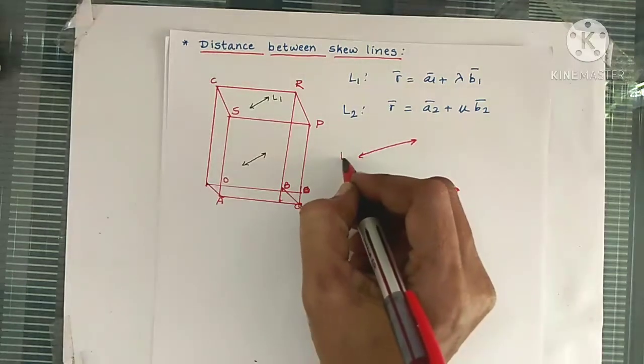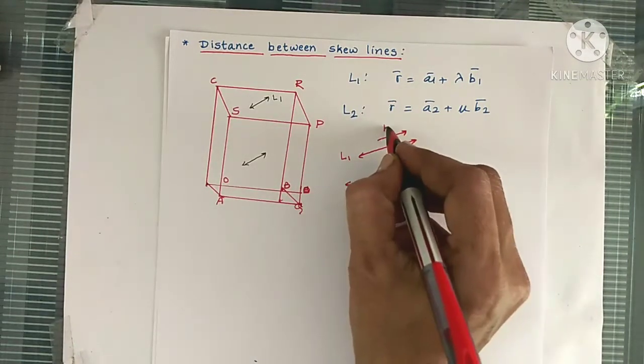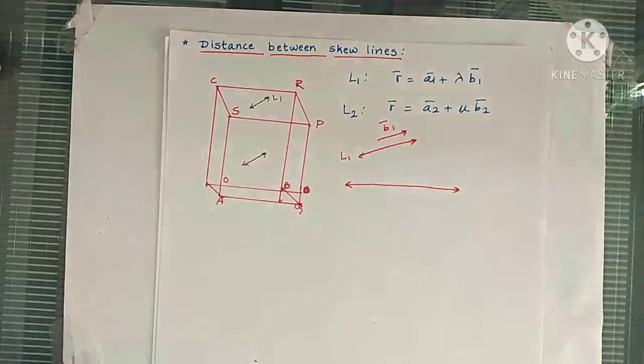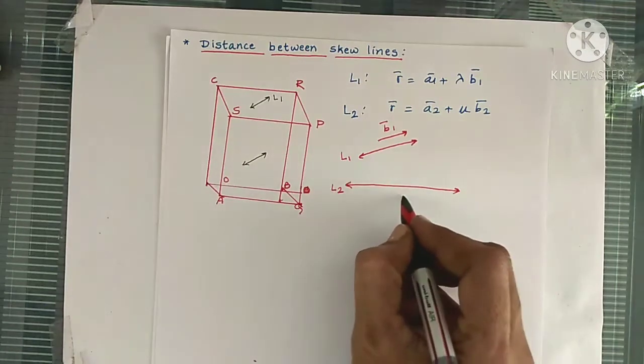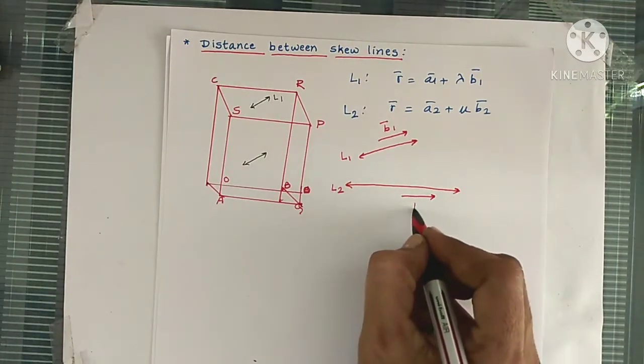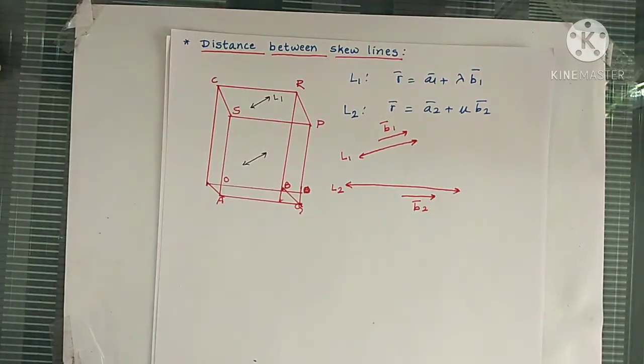So to find the shortest distance, this is our first line L1, and this is vector b1 bar which is parallel to L1. Let this line be L2, and let this vector be b2 bar, that is the vector parallel to the second line.